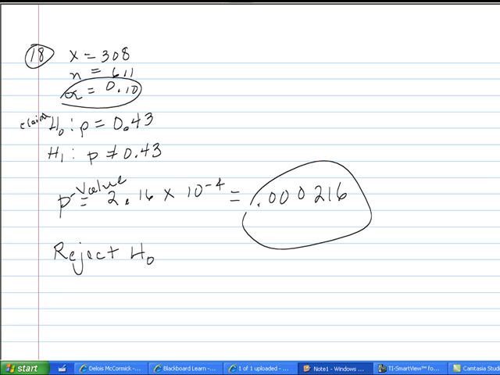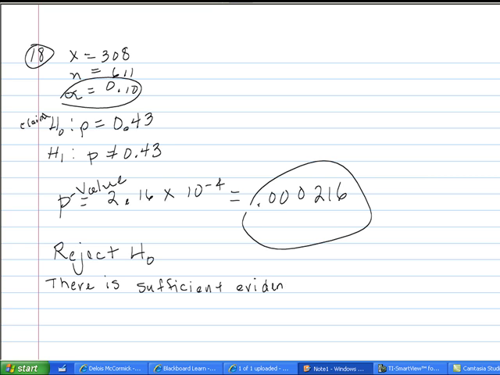So that means there is sufficient evidence to warrant rejection of the claim. I get that from the table on page 391.